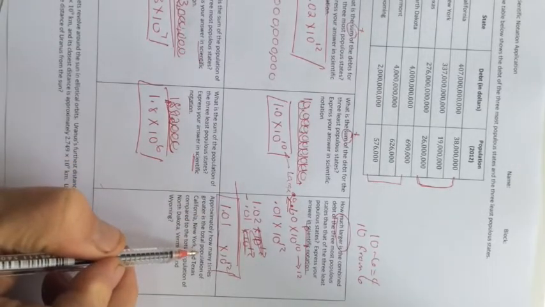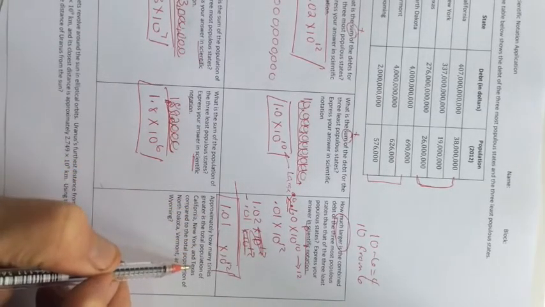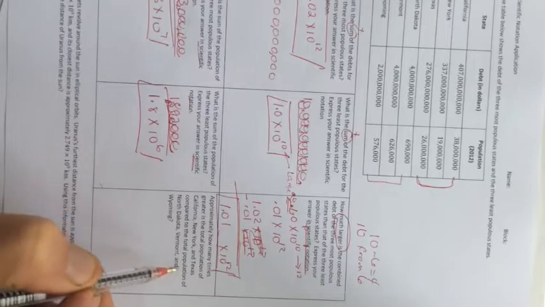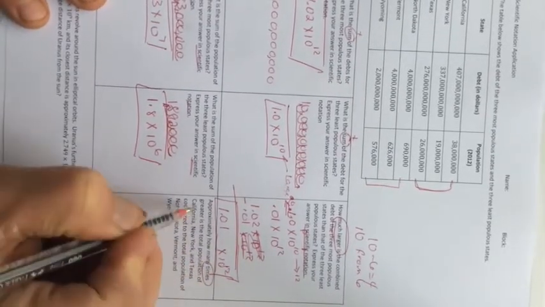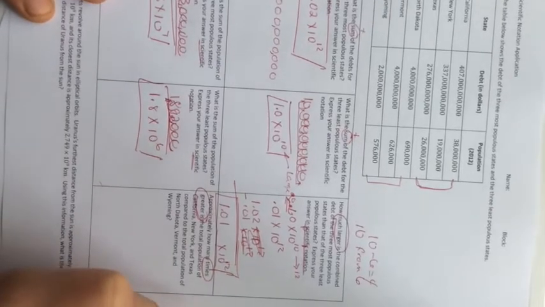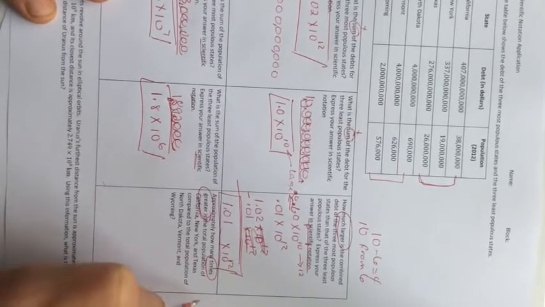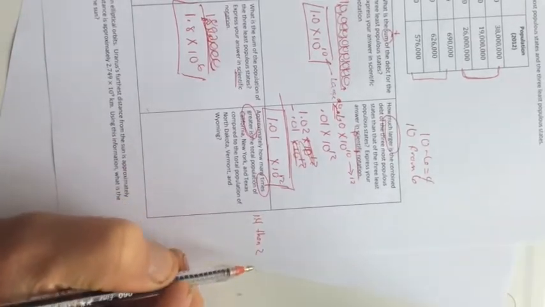Okay, approximately how many times greater are the population of the big states compared to the population of the little states? How many times greater? Times greater are the key words. What if I said, how many times greater is the number 14 than 2?